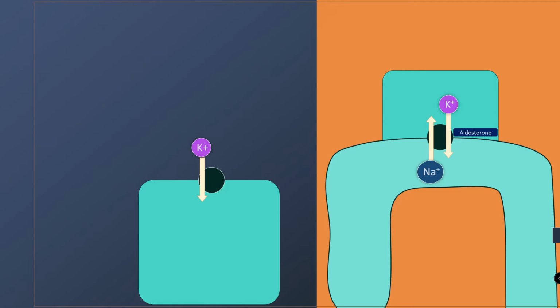They will bring the potassium inside in order to somehow lower the plasma potassium, right? But they cannot simply pick up potassium and take it inside, because we don't have such transporters, and also it is against the rule of electrical neutrality. If potassium is going in, some positively charged ion must come out, right? And what is that positively charged ion that will come out of the cell? That is proton. So potassium will go in, proton will come out, and this process occurs through the potassium hydrogen exchanger.